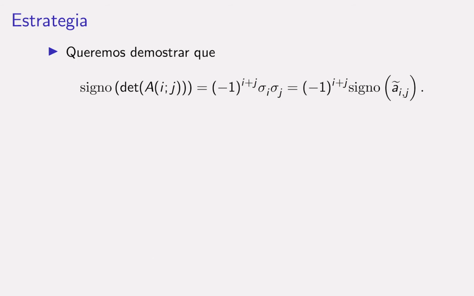So the first thing is, how are we going to solve the problem? The way to do it is the following. We know that the sign of the adjoint is just minus 1 to the i plus j, which depends on the position of the element, times sigma i sigma j, which is the sign of our vertex in the graph.